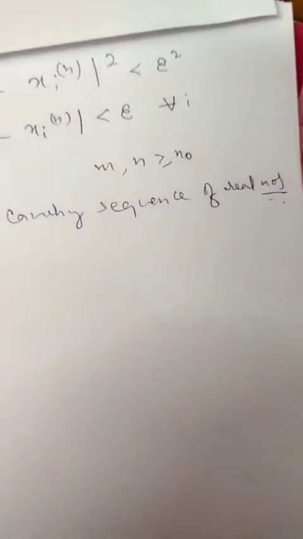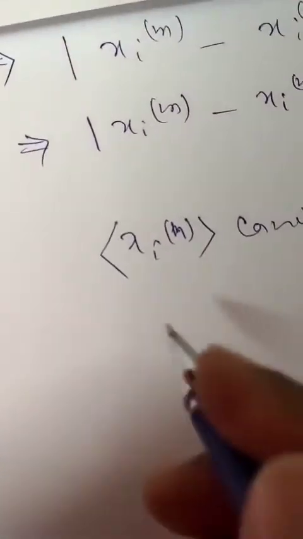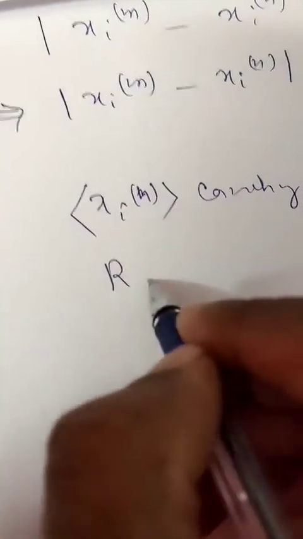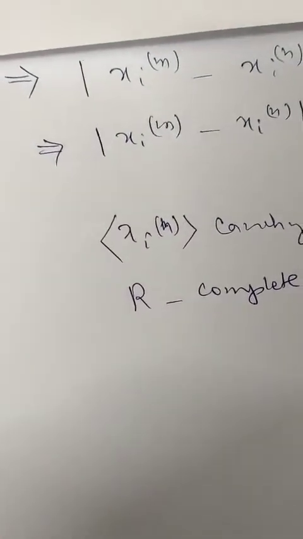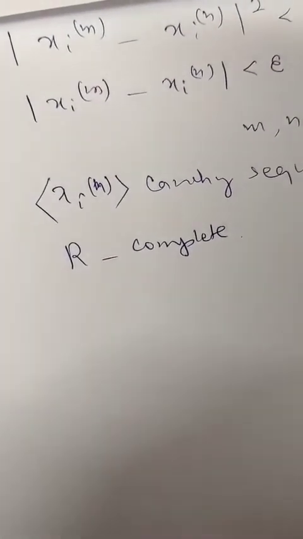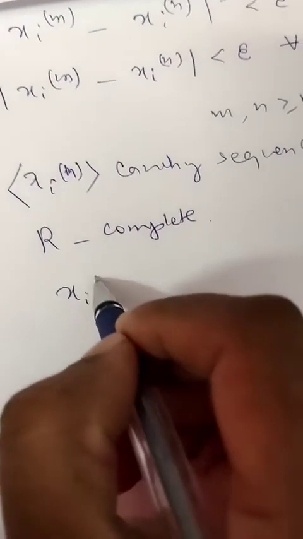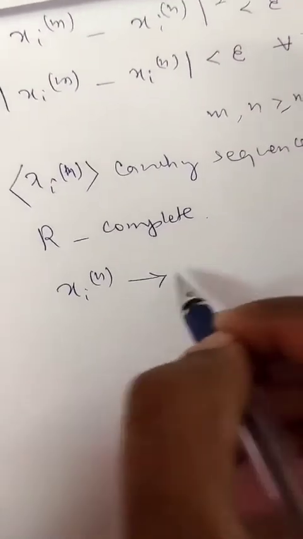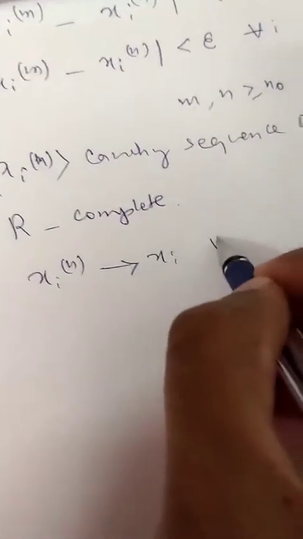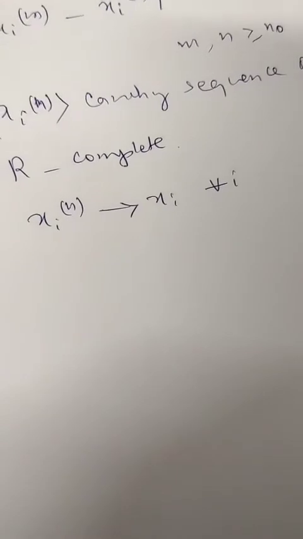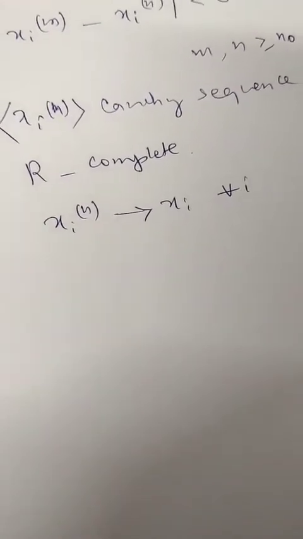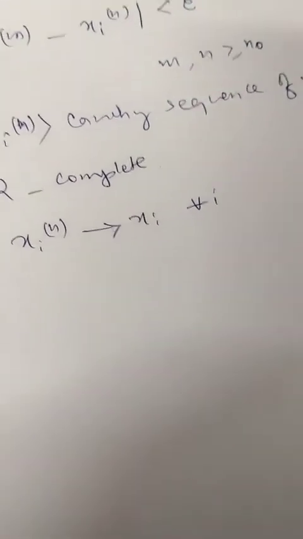But R is complete. You know that the space R is complete, which means every Cauchy sequence converges. Say this x_in converges to, say, x_i for each i. This holds for each i. So now our aim is to show that x_n converges to x.